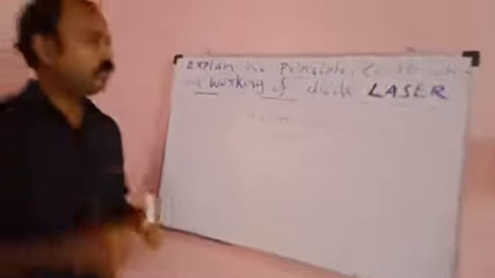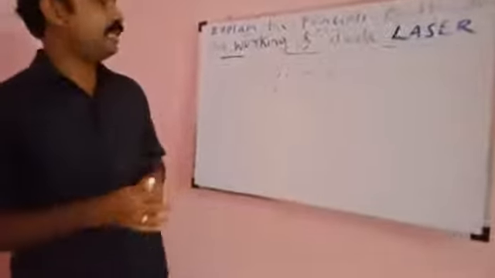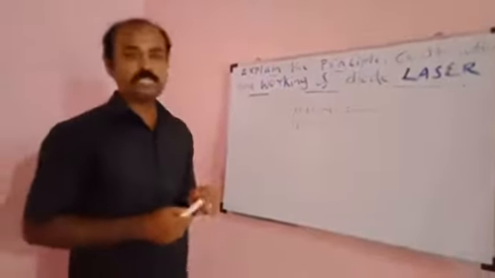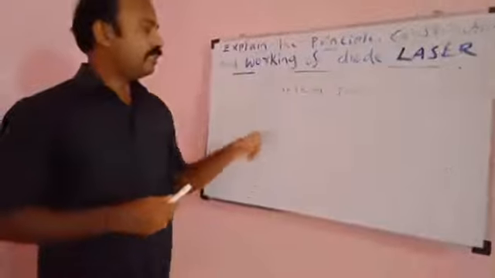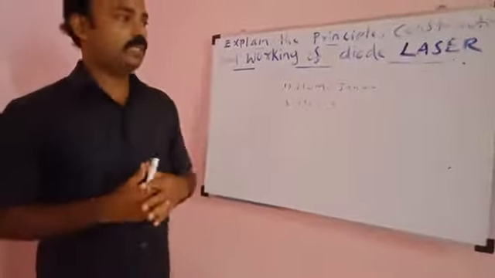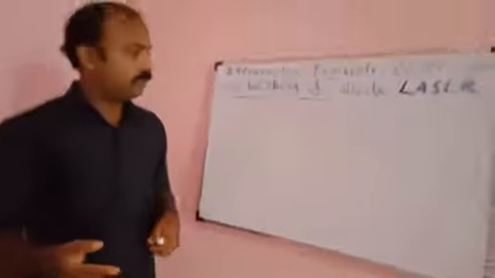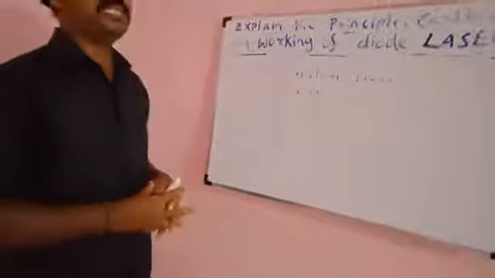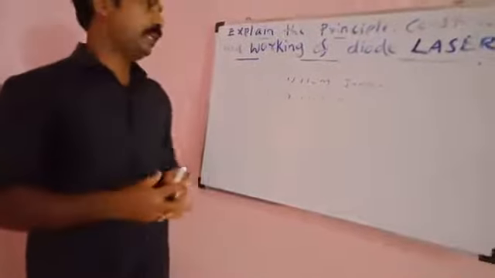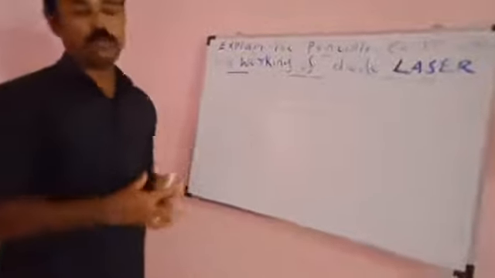So we have two different types of diode laser: one is the homojunction diode laser, the other is the heterojunction diode laser.